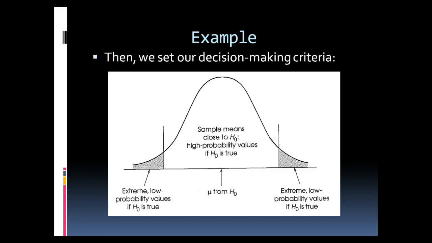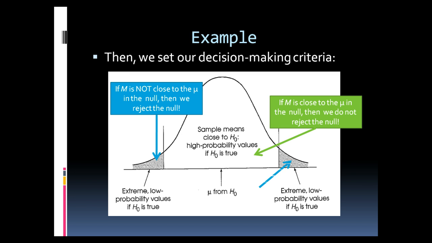So we next need to set our decision-making criterion. Let me get my arrows going. If you look at the green arrow and box, it says if M, which is the sample mean, which we're about to get, is close to the mu in the null, which is mu sub 80, then we do not reject the null.